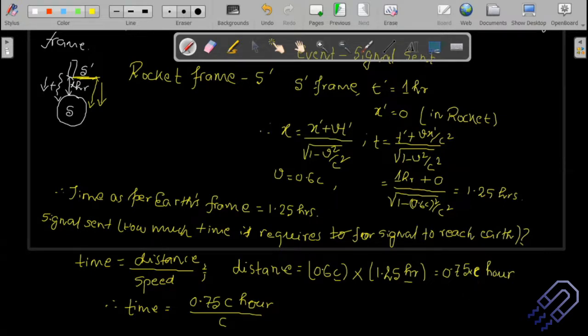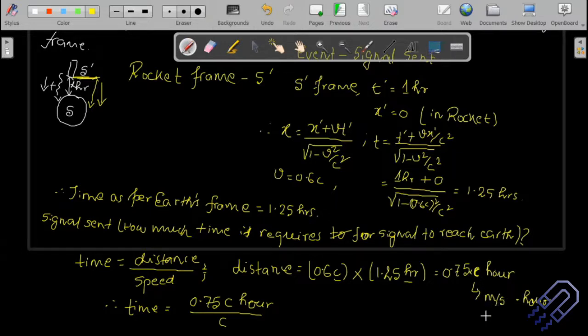C hour. With c, matlab kya hai? C matlab speed of light. That means this is nothing but meter per second. Unit hai ye. And this is basically hour. Right? Sorry, meter per second. Speed, hai na? Meter per second. Now, you can convert this meter per second into hour, right?